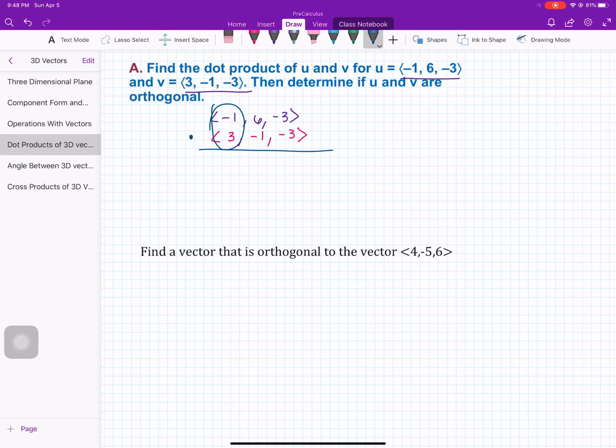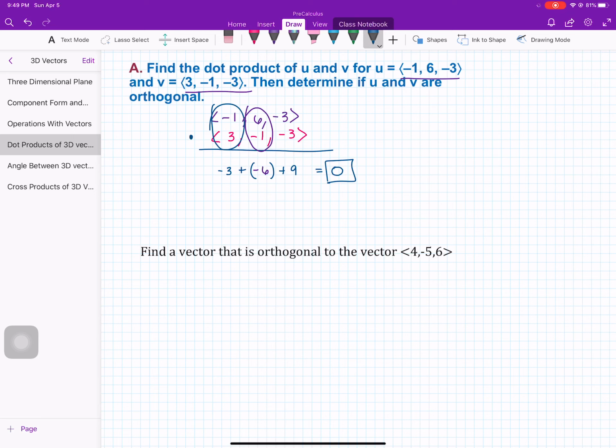So -1 times 3, that's -3. 6 times -1 is -6. And then 3 times 3 is +9. And then you are adding all of these things up. So this actually ends up being -3 plus -6, which is -9, plus +9, which is 0.